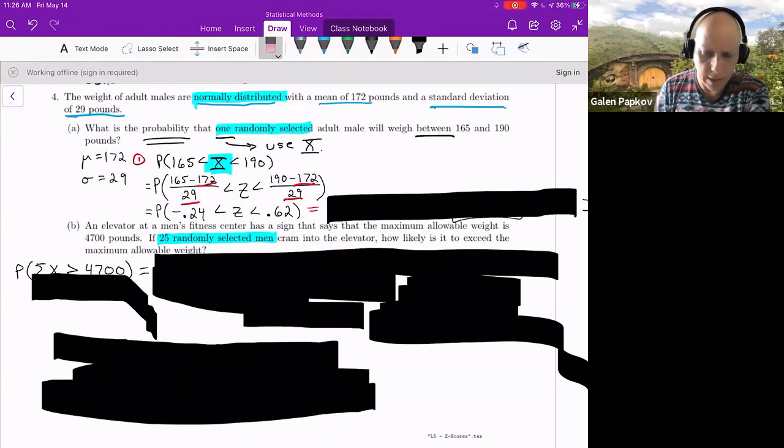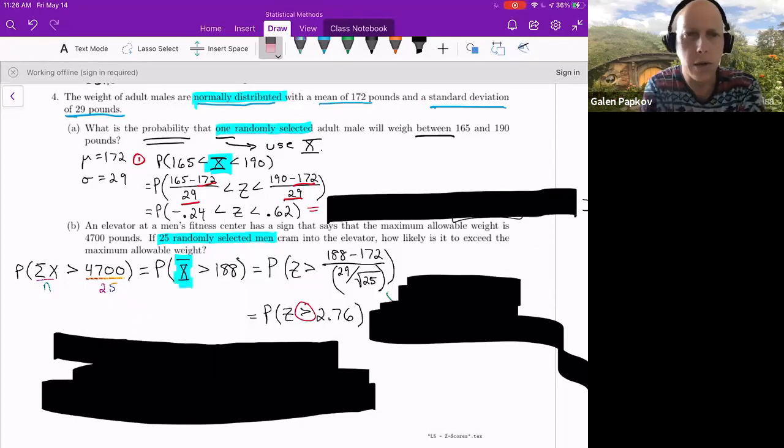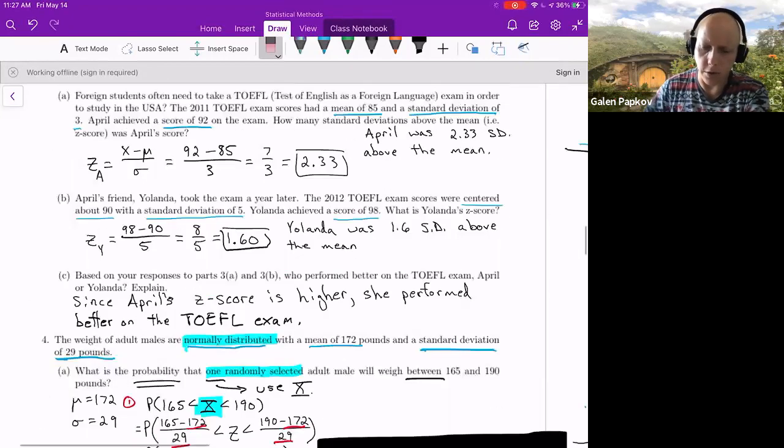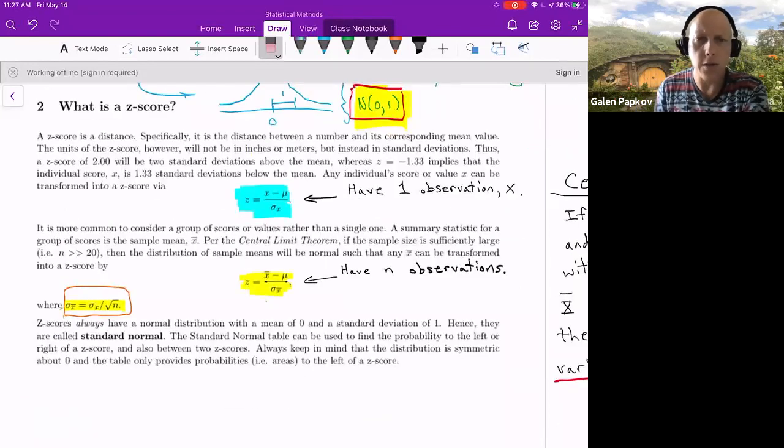So that's exactly what I did here. The sum of X divided by n gives you X bar, and 4,700 divided by 25 gives you 188. And so now this is a probability with respect to X bar, not with respect to X. So that means you're going to be using the second formula that I had shown you earlier, at the top here, with the sigma over root n.